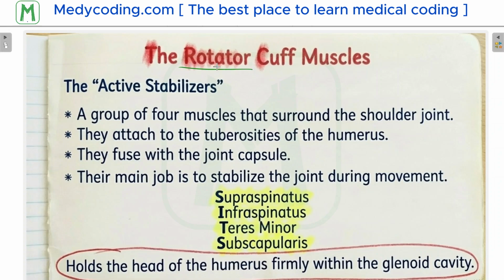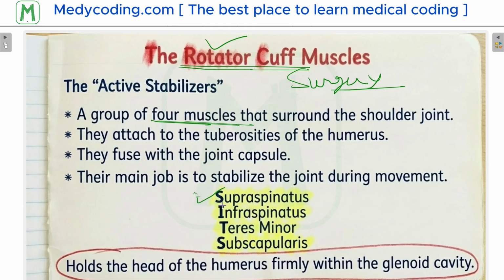Another very important topic of the shoulder joint is the rotator cuff. This topic is very important for surgery coding because most of the time the patient comes for a rotator cuff tear. The shoulder has four major muscles.